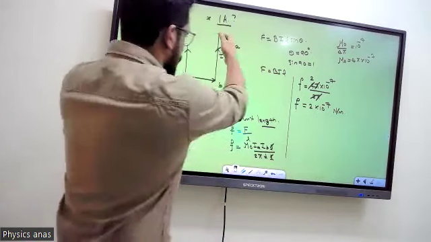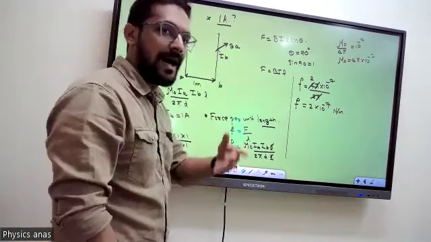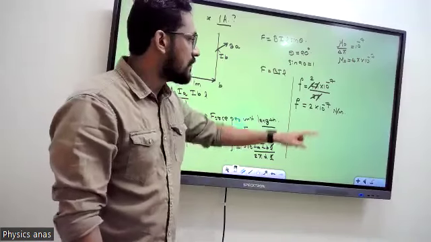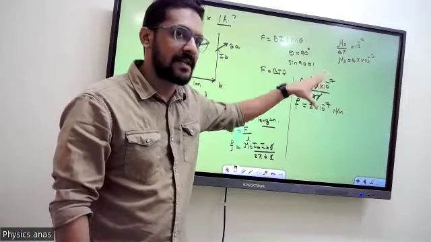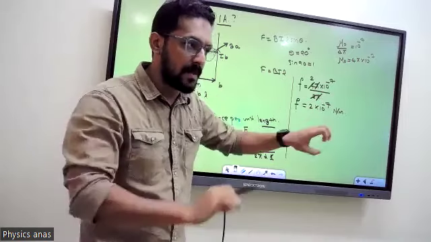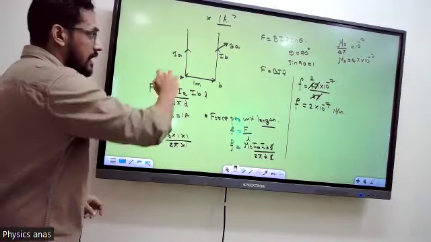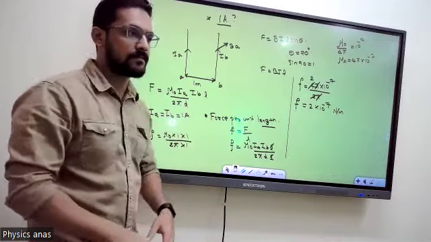If 2 conductors carry equal current in the same direction, and there is a force per unit length of 2 into 10 raised to minus 7 Newton per meter between them, then the current through them will be 1 ampere each.